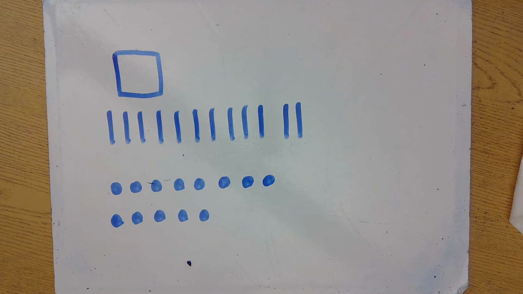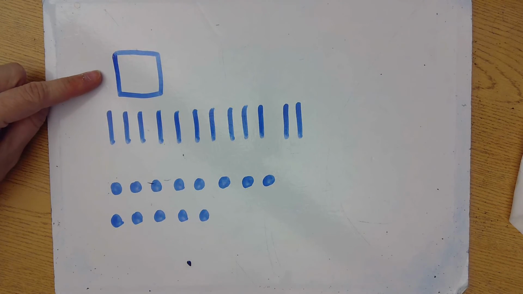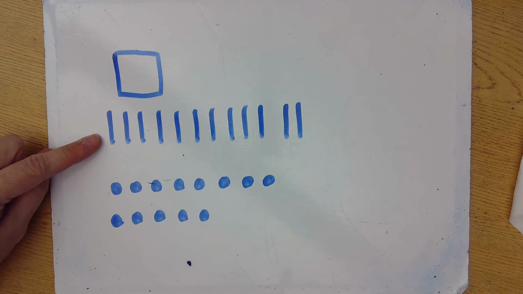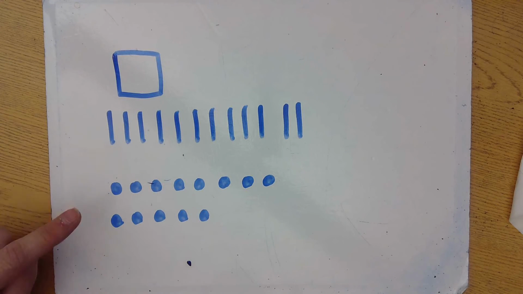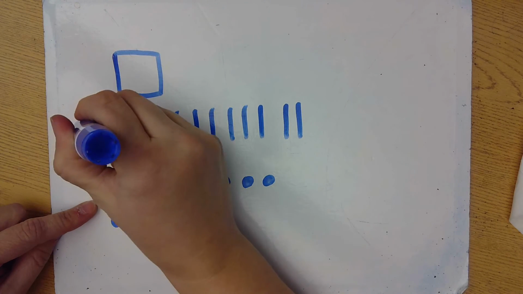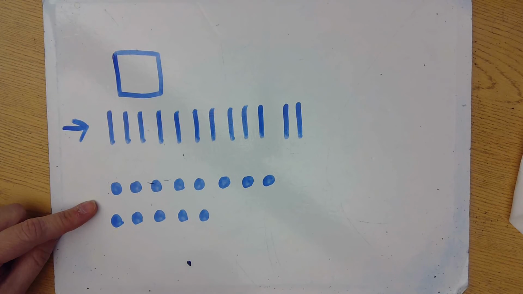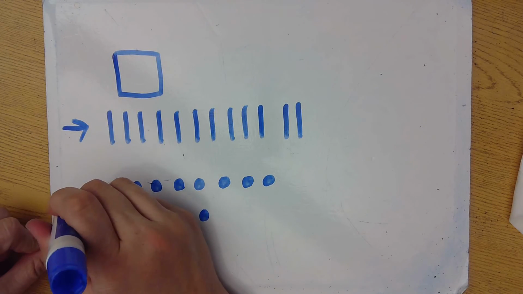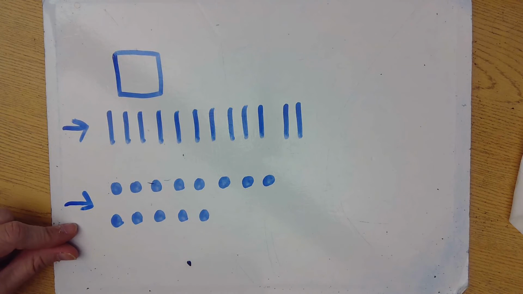All right, we're going to look at one more example of what to do when we have 10 or more of a certain base 10 block. Here I have 1 flat, I have 12 longs, and here I have 13 cubes. So right now, I know that I have more than 10 longs, and I have more than 10 cubes.